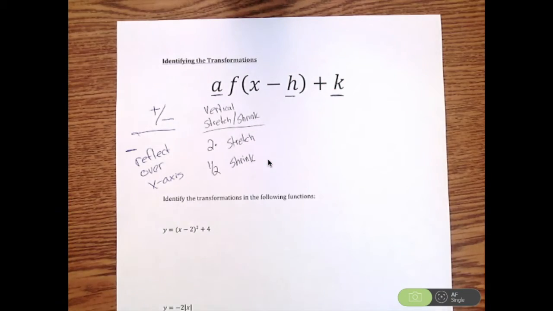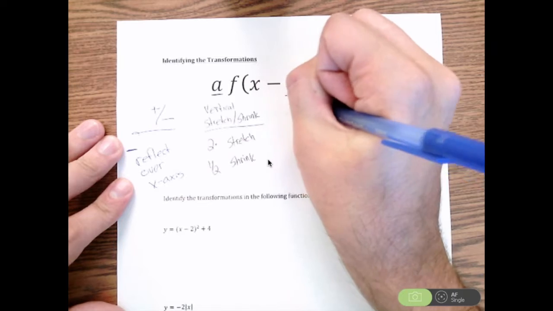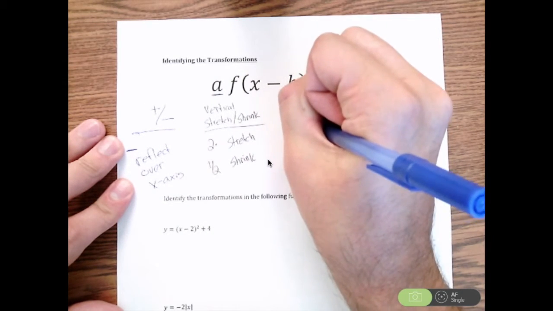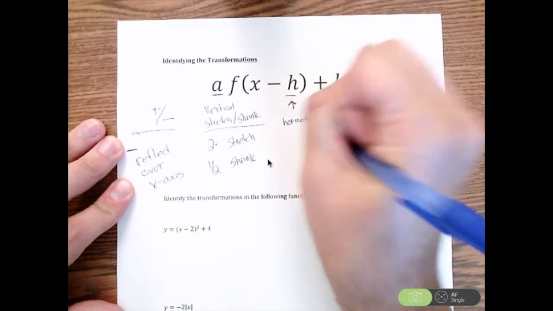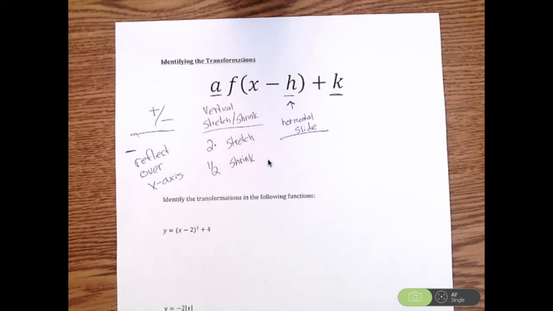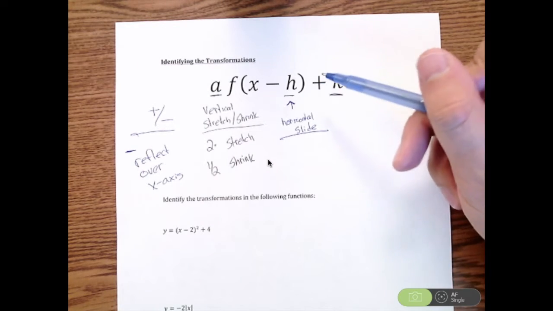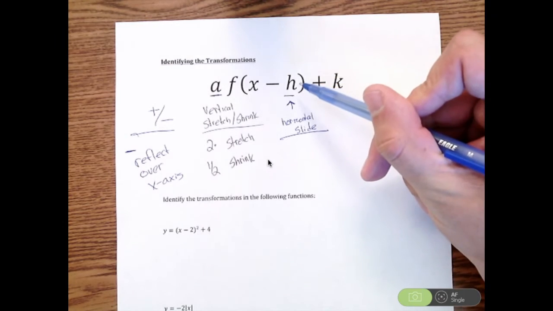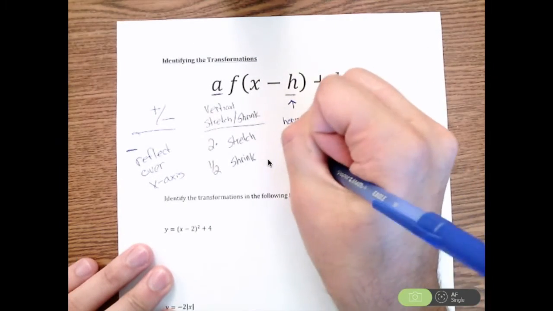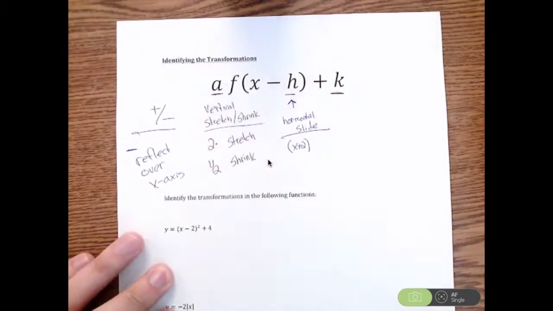The next transformation we're going to talk about is H, which is your horizontal translation, or you could say a horizontal slide. This one, H, is very, very deceiving. I often say that it kind of lies to you. You're looking for what's inside the parentheses, and what you may see is something like x plus 2.